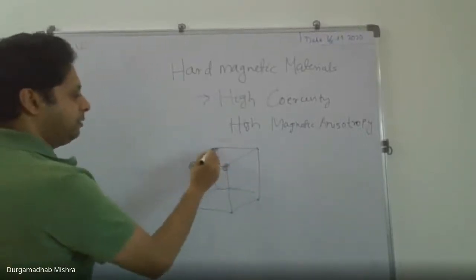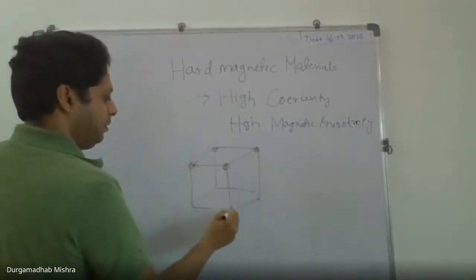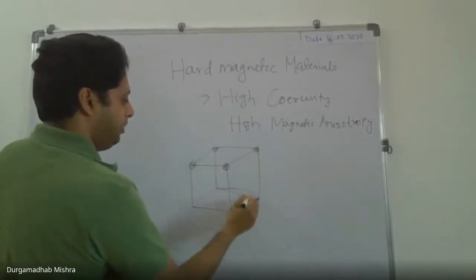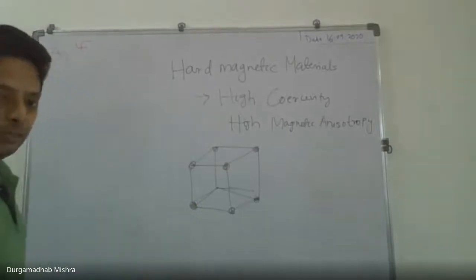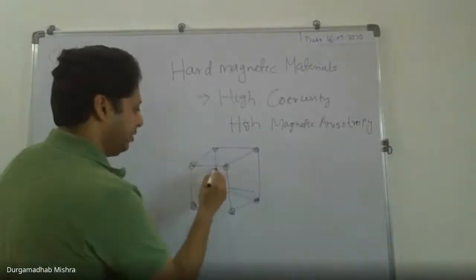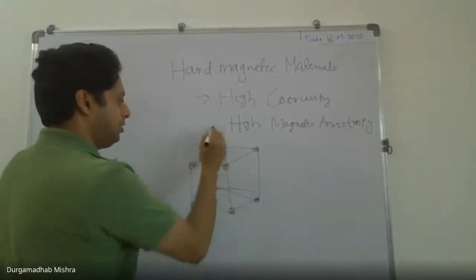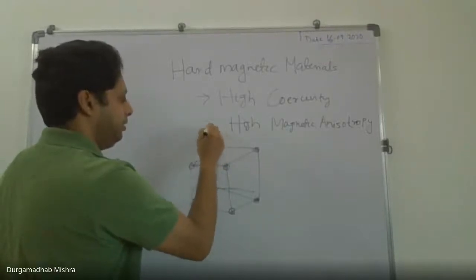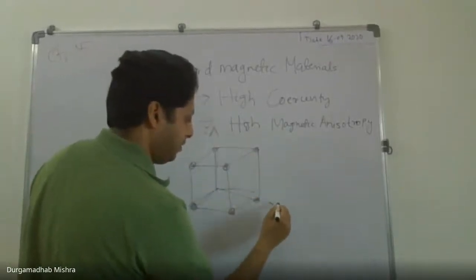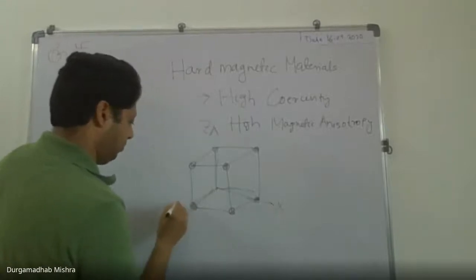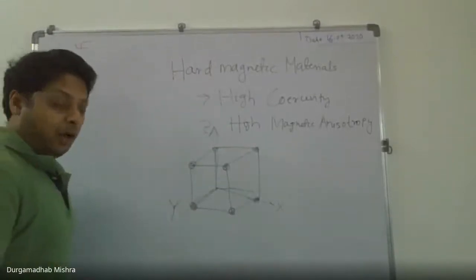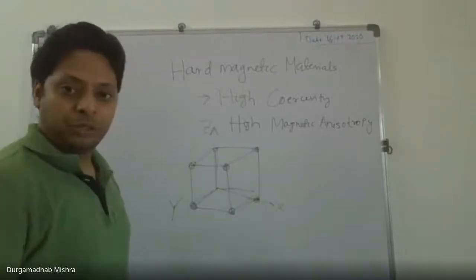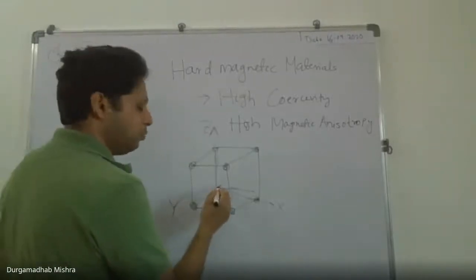If I have the crystal, these are the directions, let's say this is my Z, this is X, and this is Y. The magnetization would prefer to stay along one of the axes.